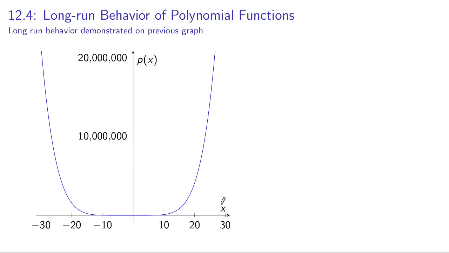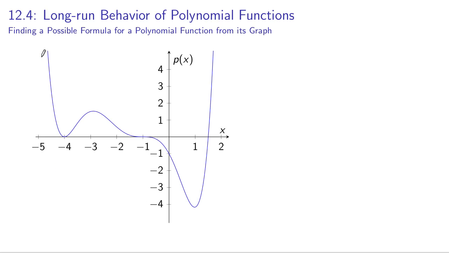When I zoom way out, even just to x equals minus 30 and 30, I get millions of output values, and the shape very much looks like x to the fourth or x to the sixth. And if we look at the number of zeros here, 1, 2, and this looks like 3, 4, it's probably going to be x to the sixth.